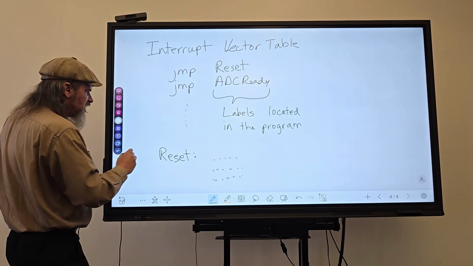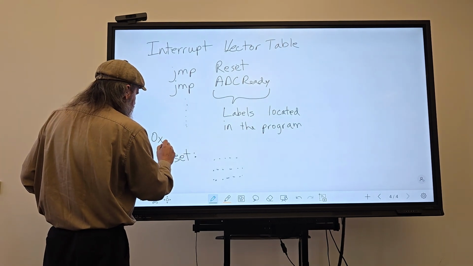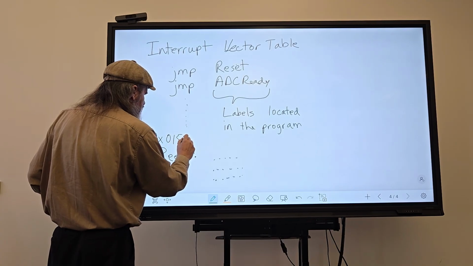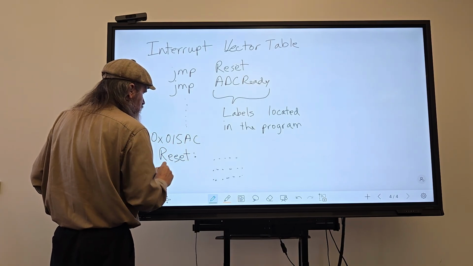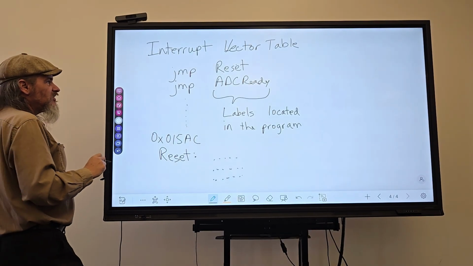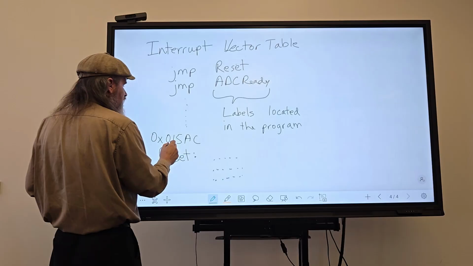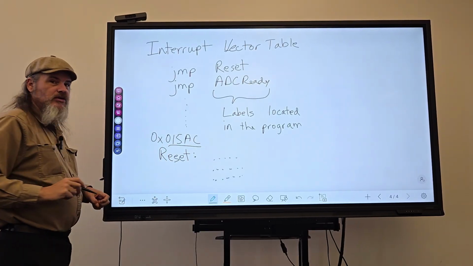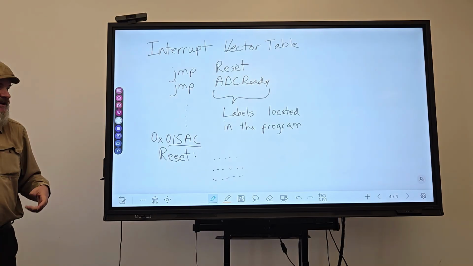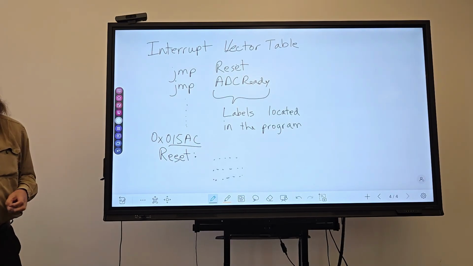Say this is at 0x015AC. Okay. What it does is load this number into the program counter. So the program counter starts looking at this location.